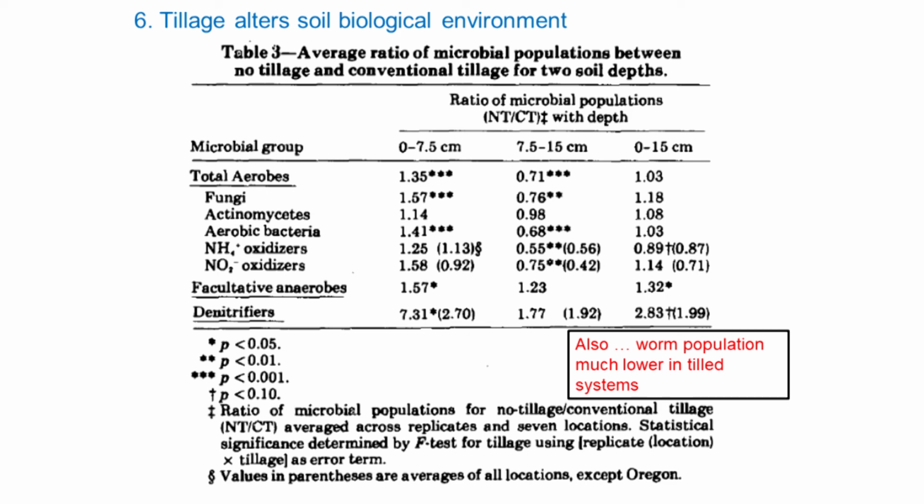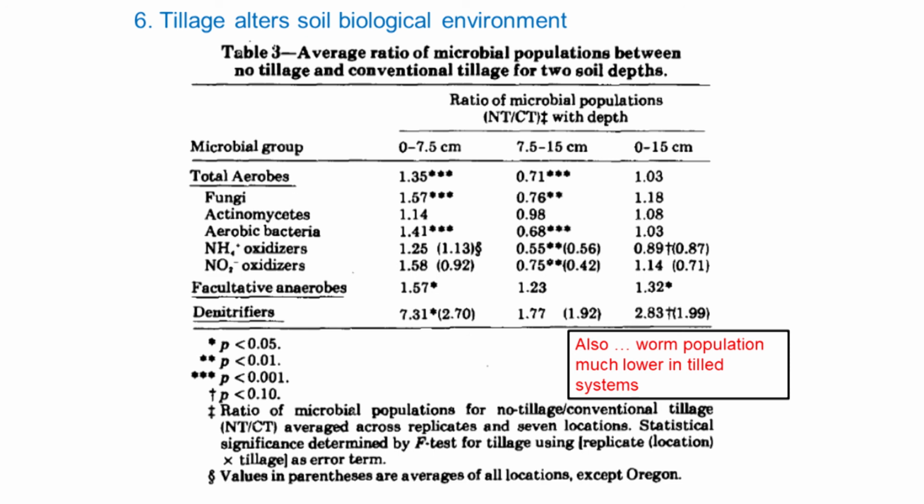So remember that in reduced till, no-till situations, we typically, at least initially, have much less macropores. And with less macropores, we have less aeration into those deeper parts of the soil. With less aeration, the soil environment is going to favor microbes that perform well in low oxygen anaerobic environments. It's going to favor those anaerobic microbes.